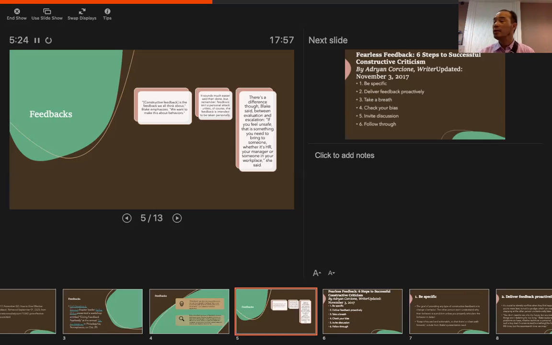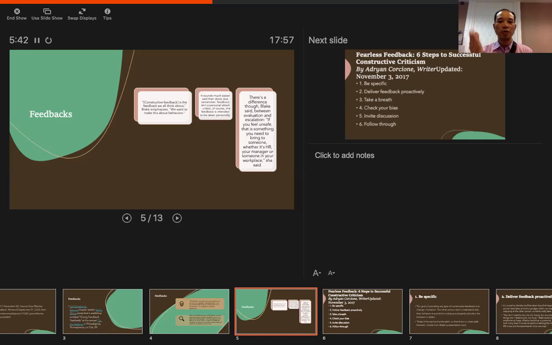Then there's this difference, Blake said, between evaluation and escalation. You have to evaluate and assess first whether we should say this or not. Escalation means to encourage other people.